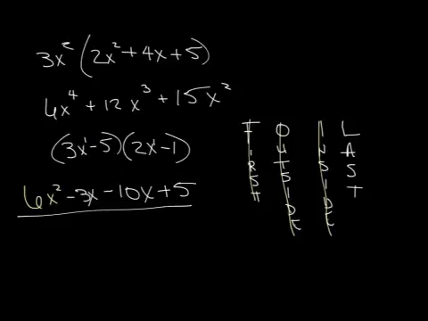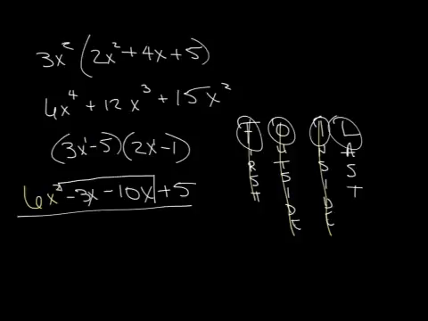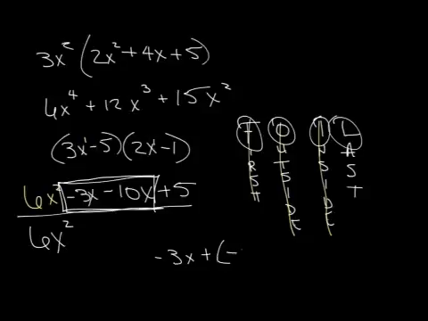Okay, so we have 4 terms. We will always have 4 because there are 4 letters in the word FOIL. A lot of times these two numbers here will combine. So we need to look at those before we're done. So we have a negative 3x minus 10x. So you can do it as negative 3x plus negative 10x if you would like, if it makes it easier.